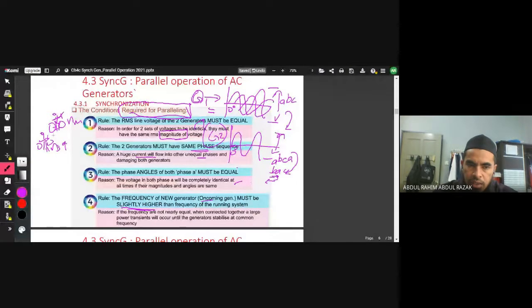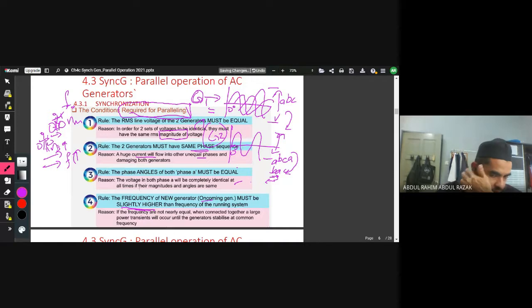Then he only can reach you. If your friend comes at slower speed, he will never reach and pull you or push you to the front. So it means that the incoming helping machine or generator should be at higher speed and frequency compared to the initial machine.